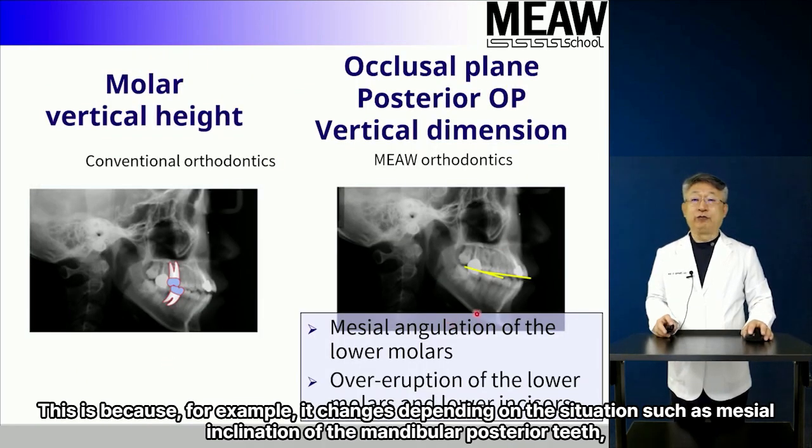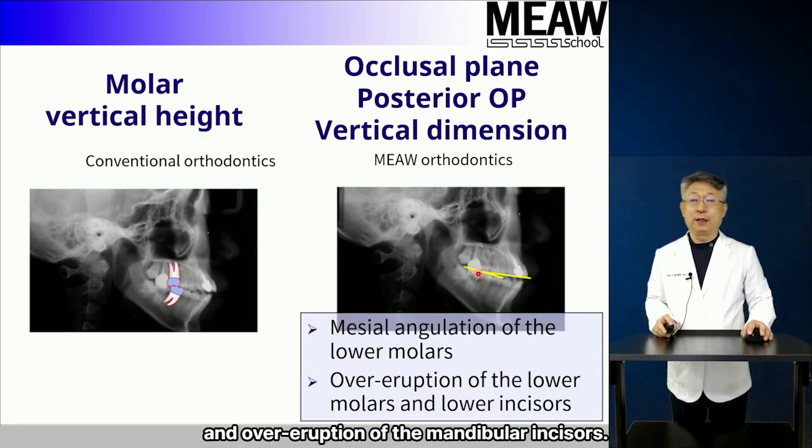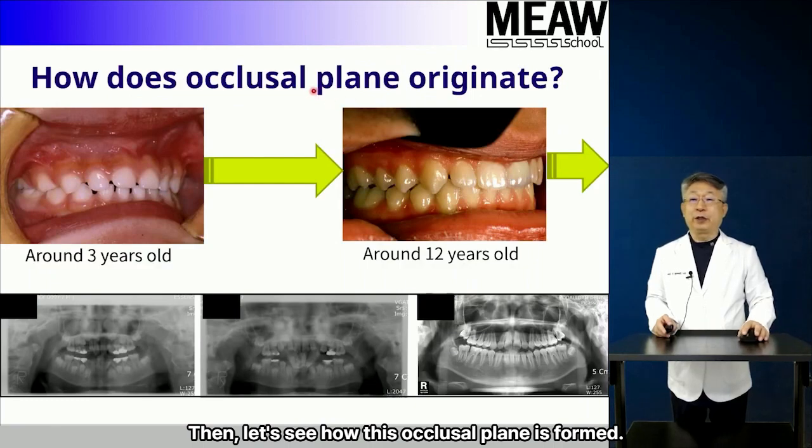This is because, for example, it changes depending on the situation, such as mesial inclination of the mandibular posterior teeth and overeruption of the mandibular incisors. Then, let's see how this occlusal plane is formed.